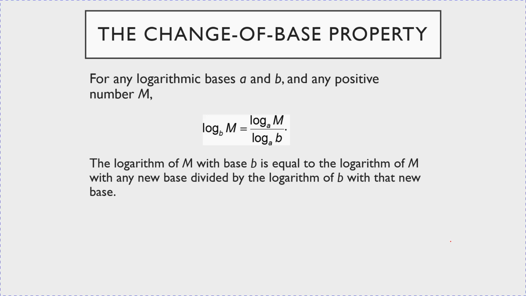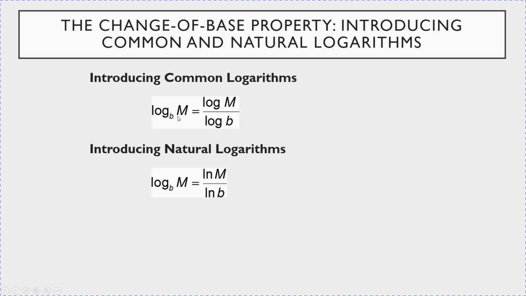Log base b of m is equal to log base a of m divided by log base a of b. So you can change bases. We're mostly going to use this in our calculator with these ones here. If you have log base b of m, that's equal to log of m divided by log of b. Or you can also use log base b of m is equal to ln of m divided by ln of b.